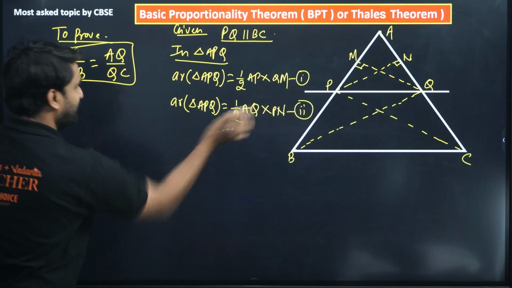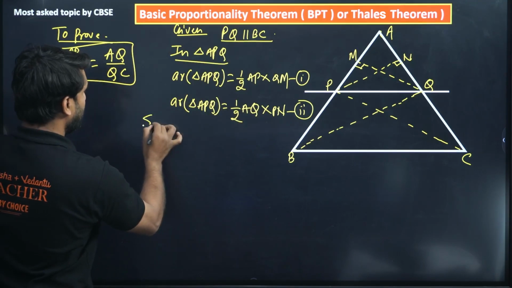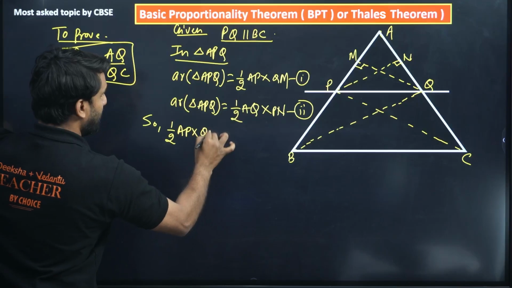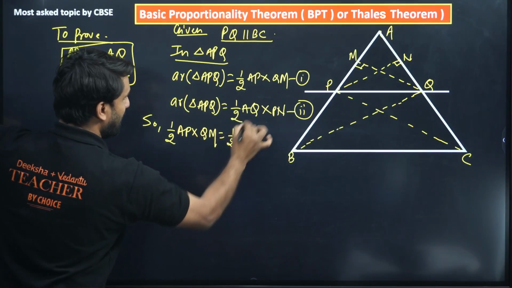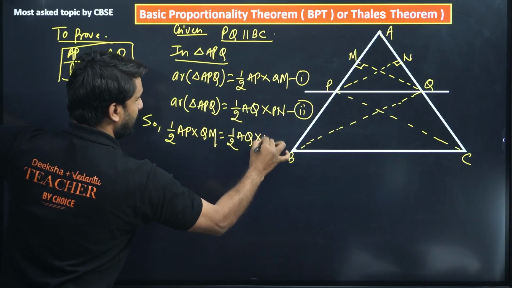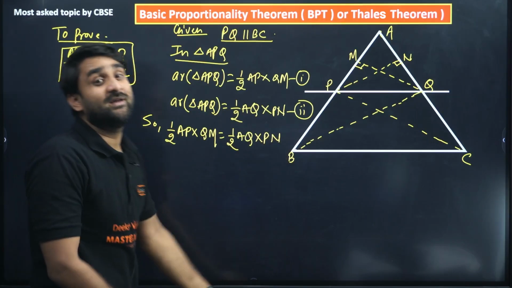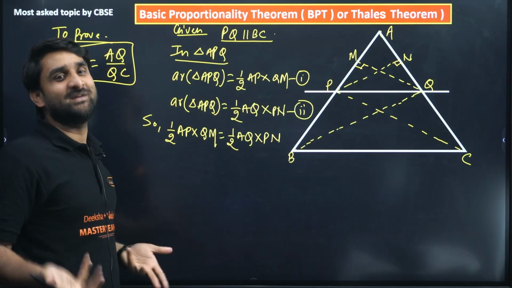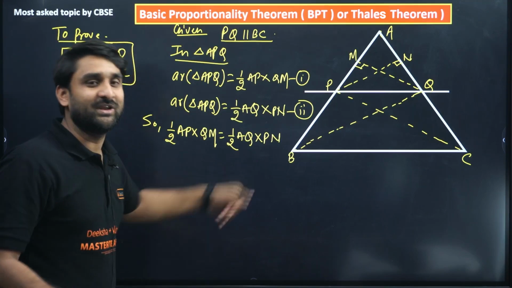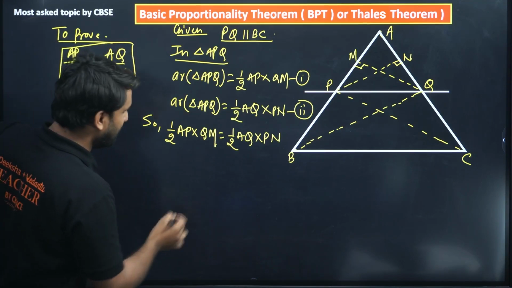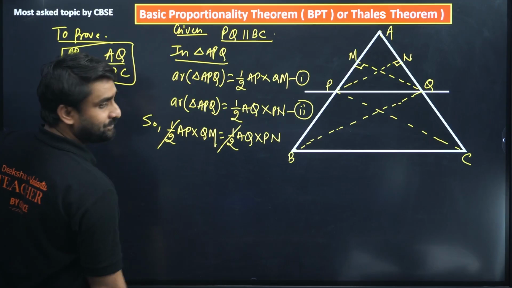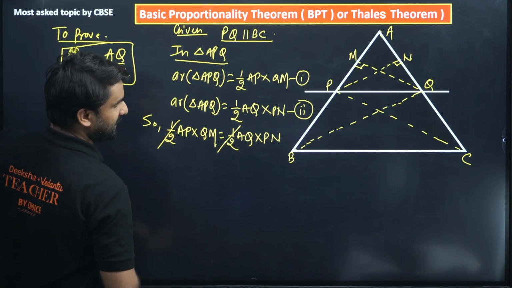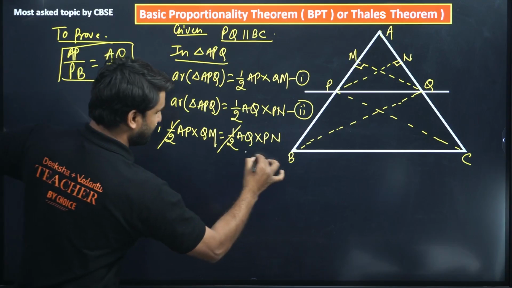So we can write half AP into QM equals half AQ into PN, and we can equate both. The half cancels with the half, so AP into QM is equal to AQ into PN. Is it clear? Mark this as equation number 3.